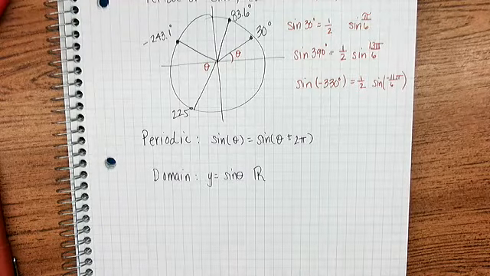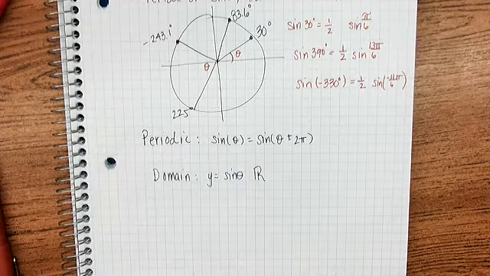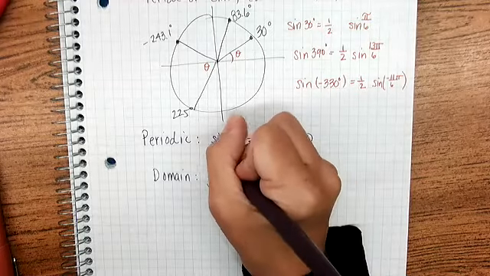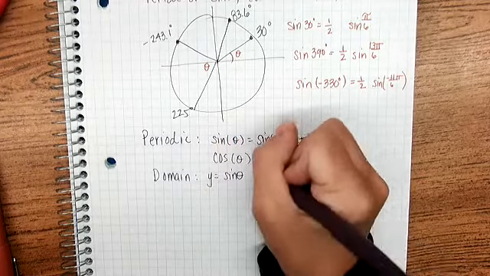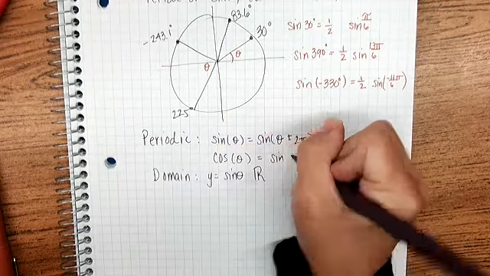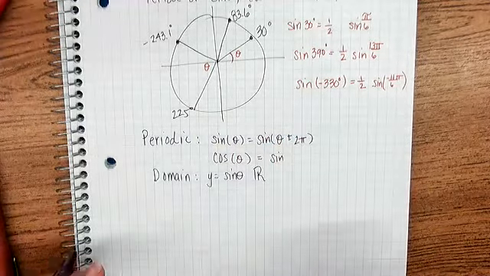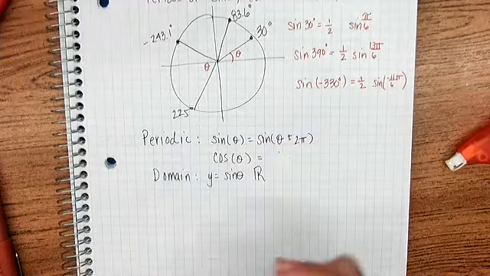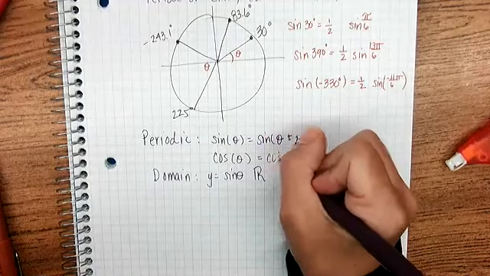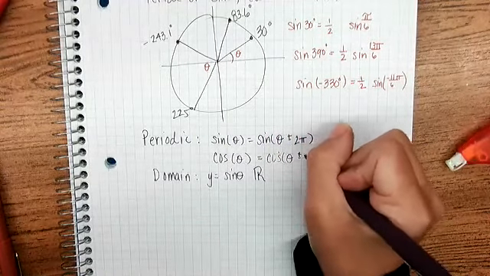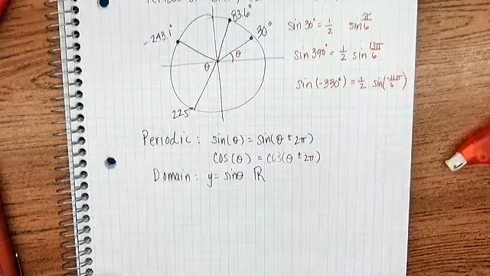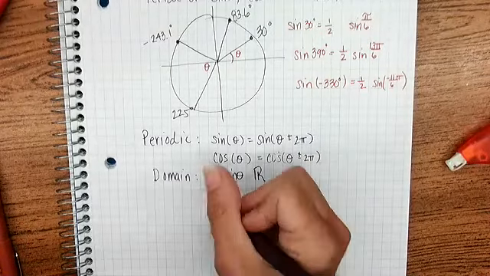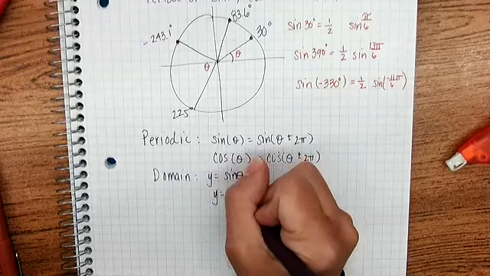If it's a root, you have to be careful because you can only take roots of non-negative numbers in the real number system. The same thing is true for cosine. Cosine is also periodic. So the domain of cosine is also all real numbers.